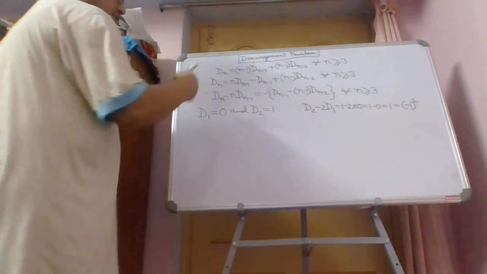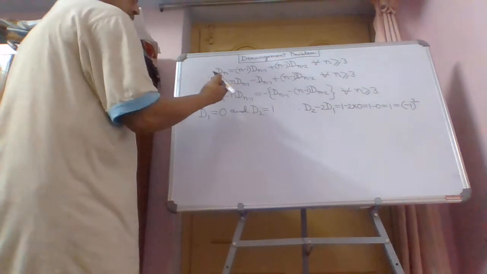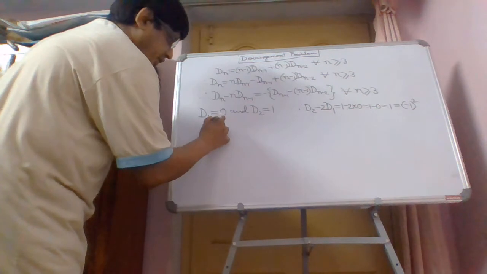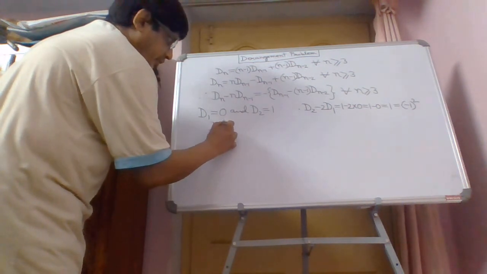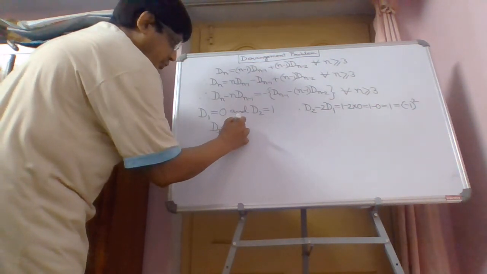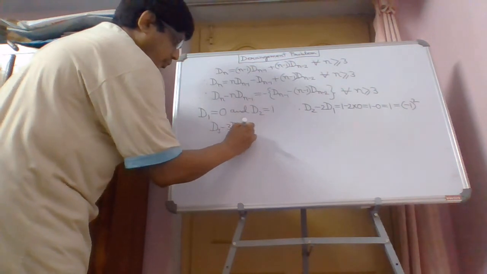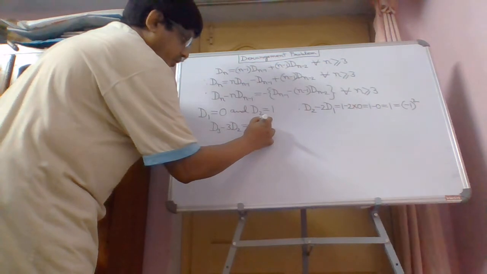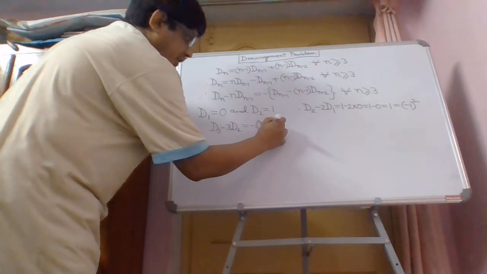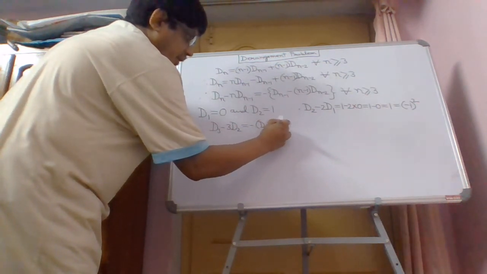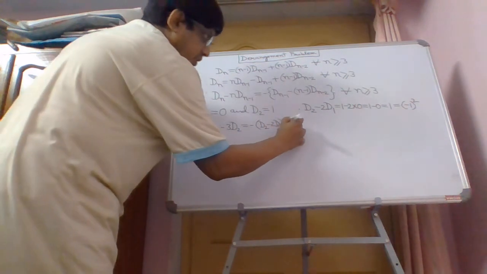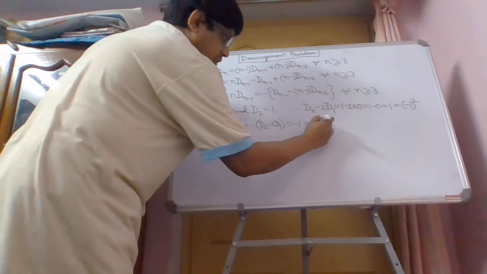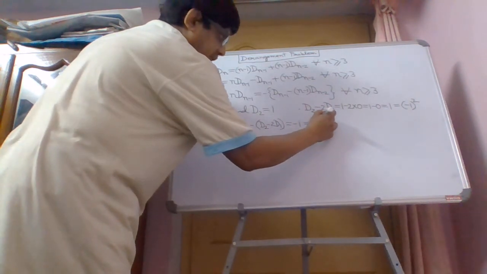Now whenever we substitute n is equal to 3 in this relation, we get d3 minus 3 into d2 must be equal to minus, comma, d2 minus 2 d1, and that must be equal to minus 1, and that must be equal to minus 1 to the power 3.